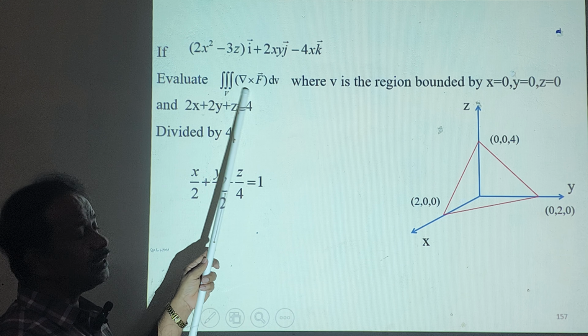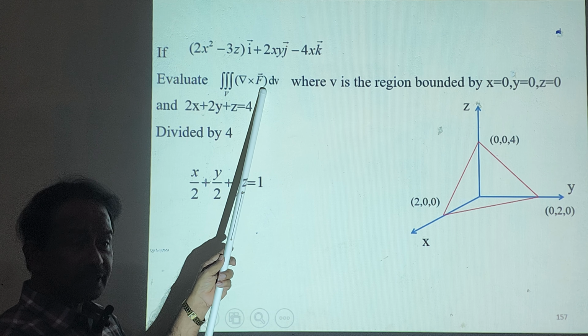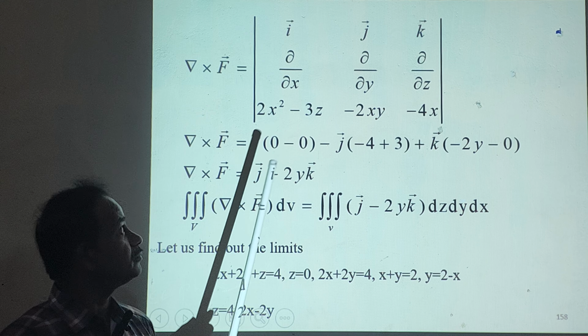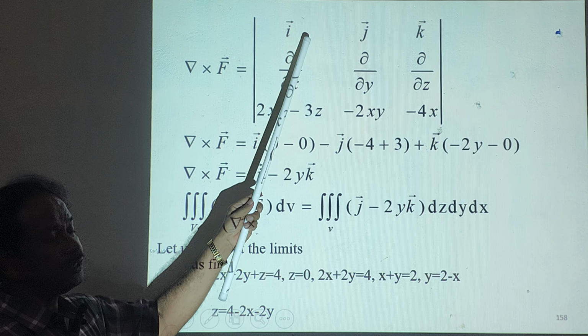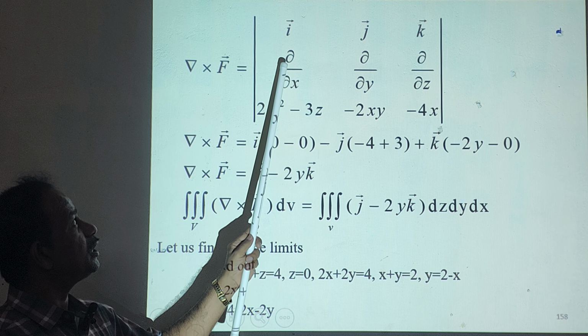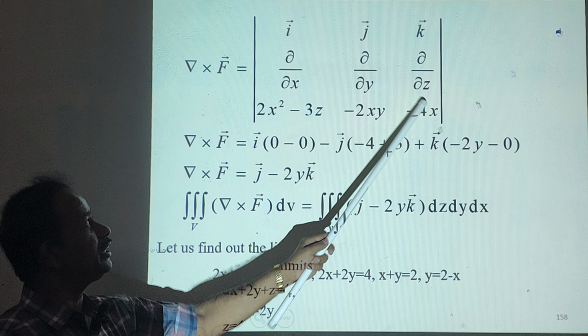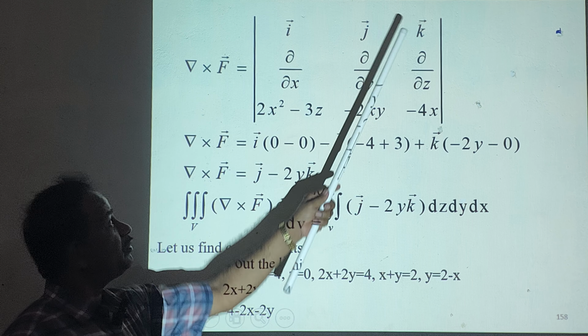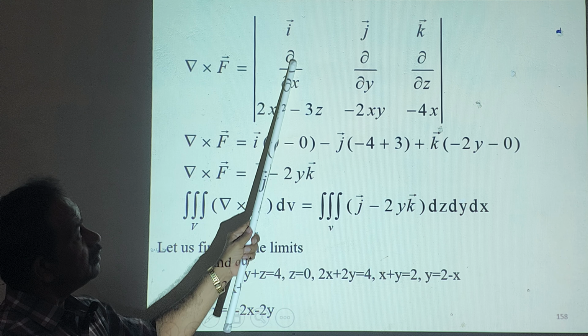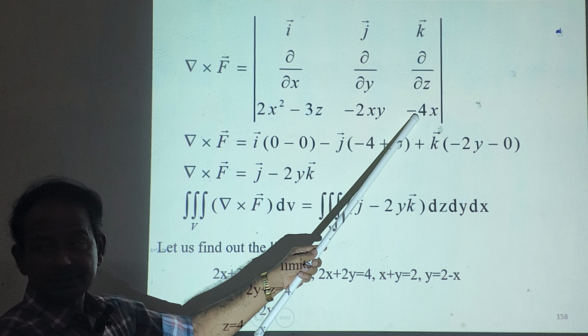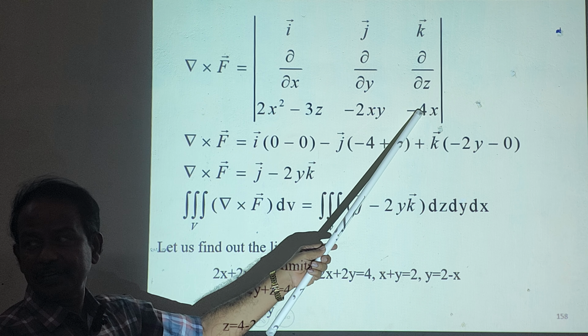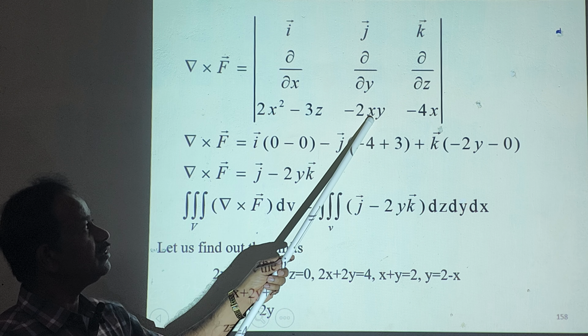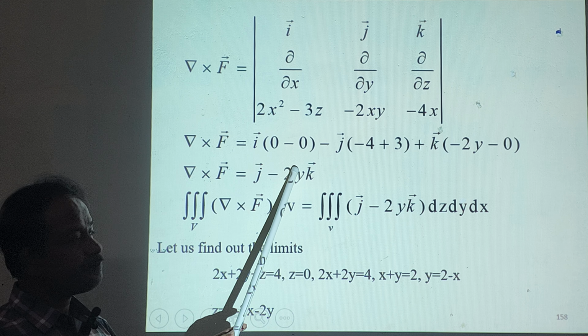So what is asked? Del cross F dV is asked. First we will find del cross F. So del cross F is nothing but, as usual we know, the determinant with i, j, k, partial d by dx, partial d by dy, partial d by dz, and F as given. On simplification, we have the partial of minus 4x with respect to y, so there is no y here, so the answer is 0. Here there is no z here, the answer will be 0.